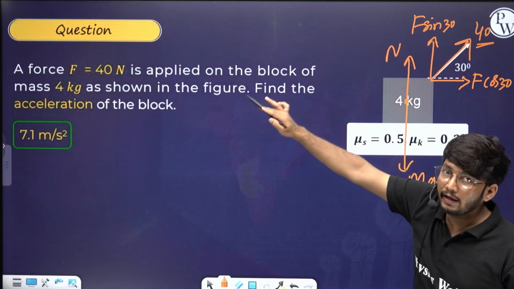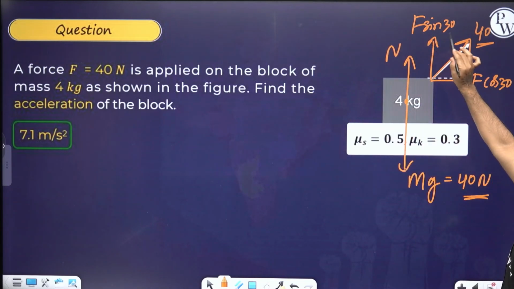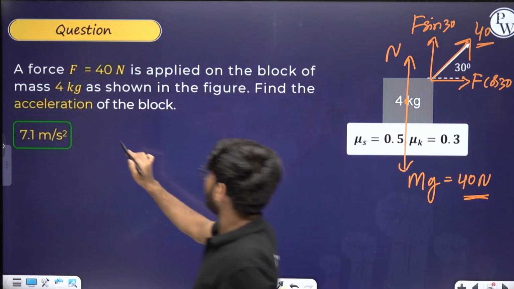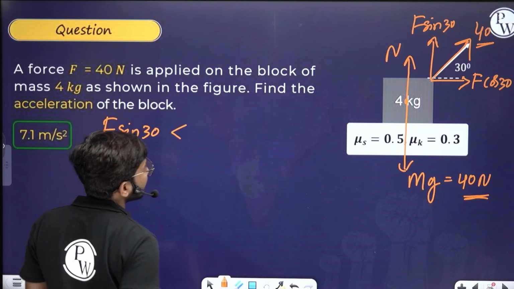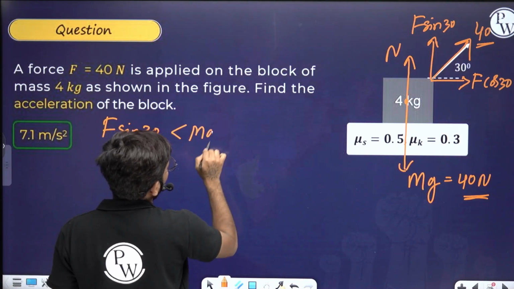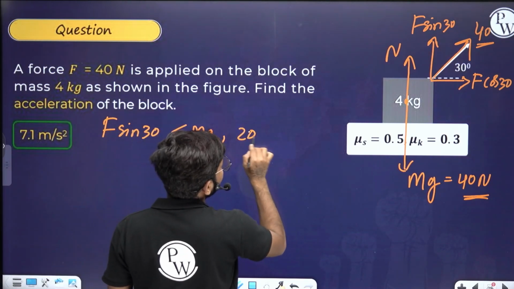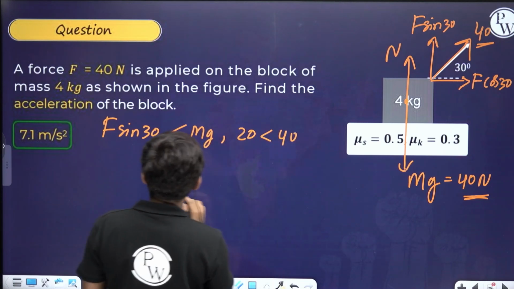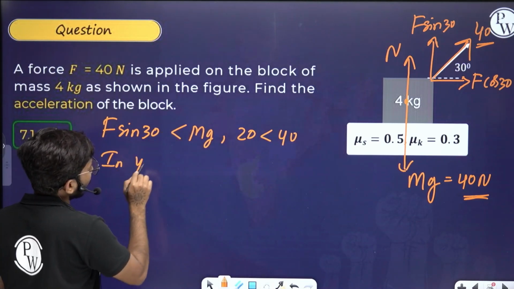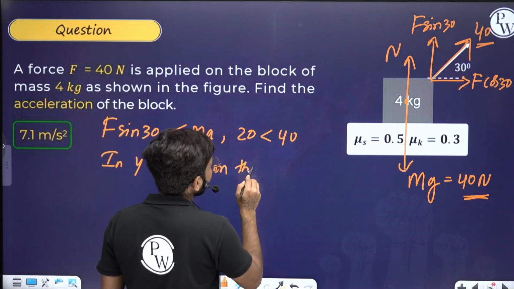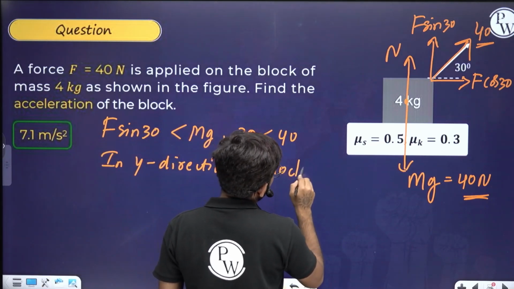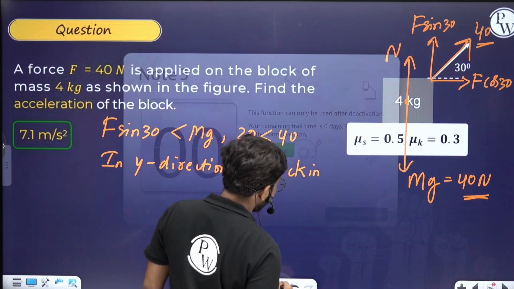F is 40, sin 30 is half, so this F sin 30 is 20, which is less than mg, because 20 is less than 40. In the y direction the block is in equilibrium, right?